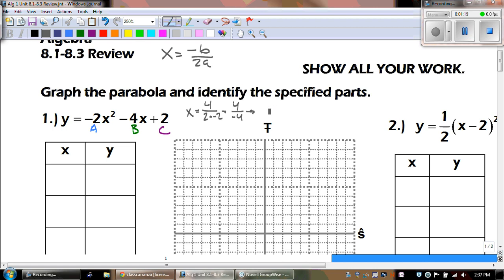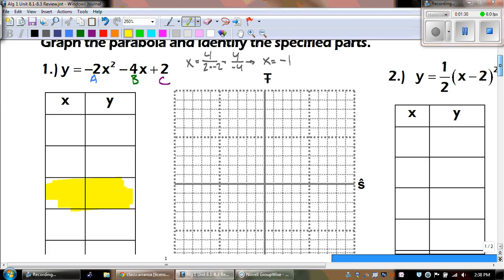And when we're all done, we get that x equals -1. Okay, so our vertex, our middle point, is at -1. From there we go 2 points above and 2 points below.